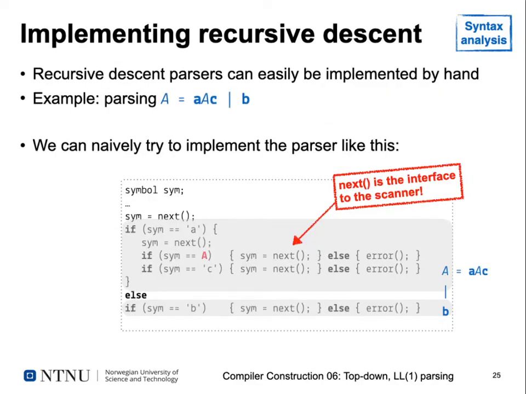Now we want to try implementing a recursive descent parser in C code. Recursive descent parsers can be easily implemented by hand. If you're interested in a really complex example of how this works, I can recommend Niklaus Wirth's book on compiler construction, which is free to download from his homepage. It's a very short book, so it implements a complete compiler for a subset of, depending on the edition you get, one of his programming languages: Pascal, Modula, or Oberon.